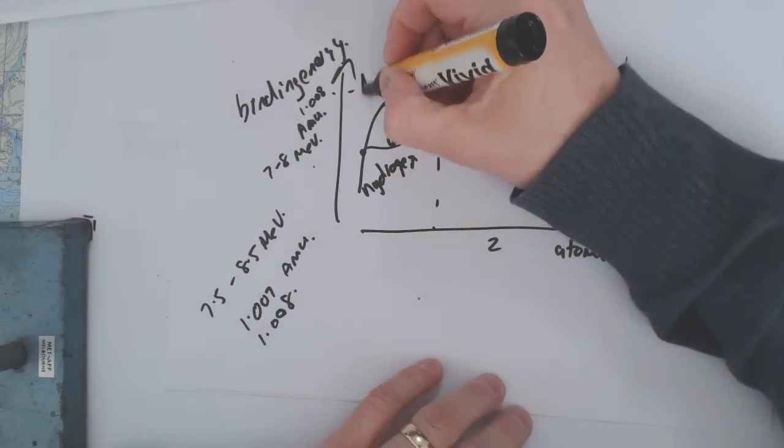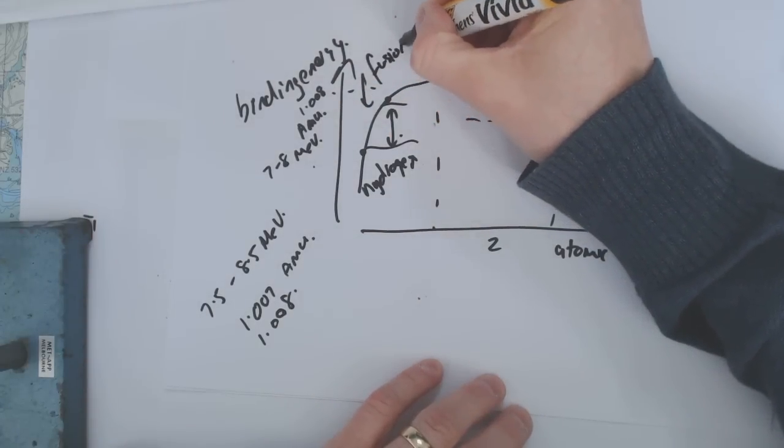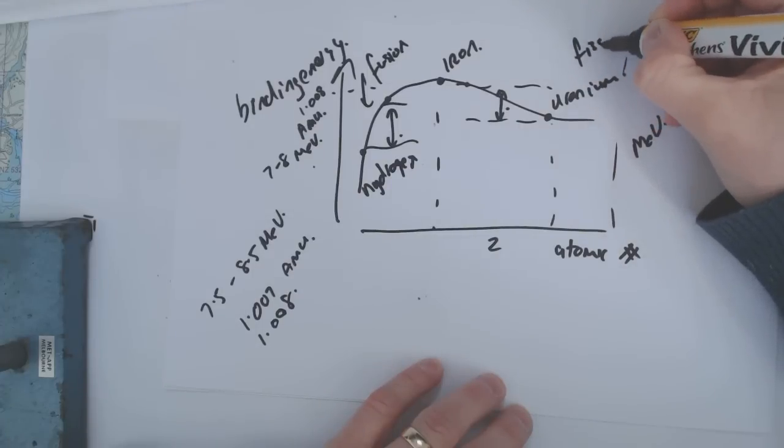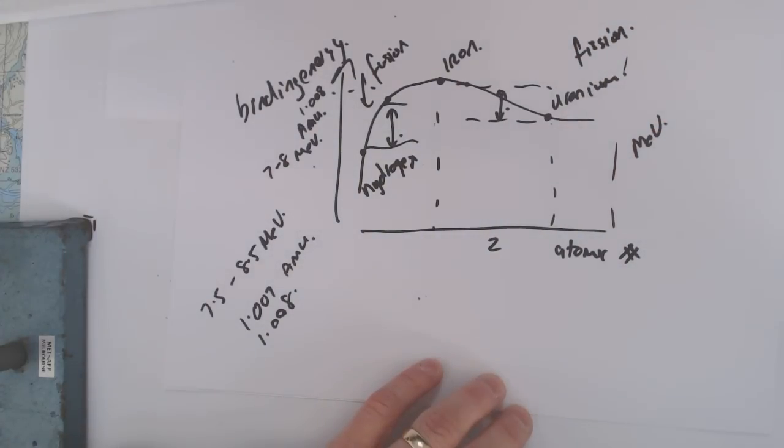So this is the fusion side, and this is the fission side. You need to know this well for scholarship, because the nuclear questions tend to be explain type questions. So I think that pretty much does it.